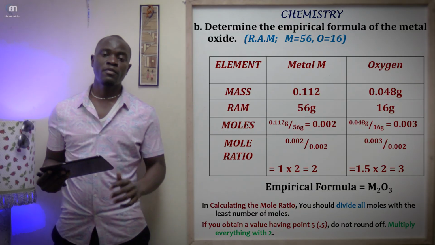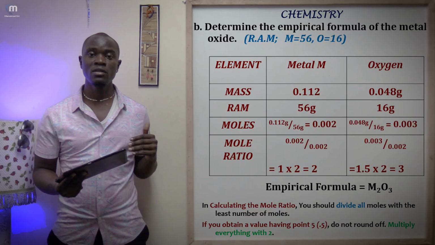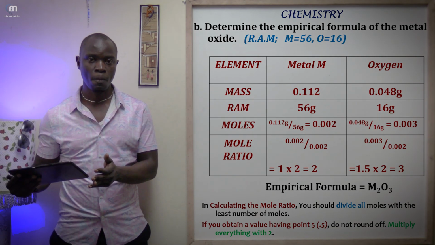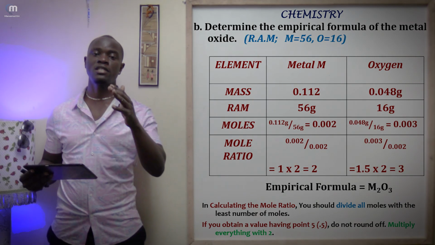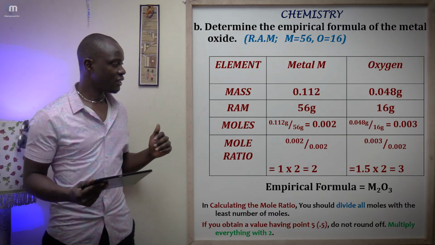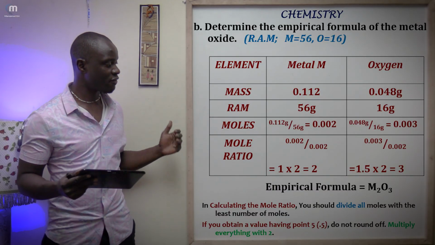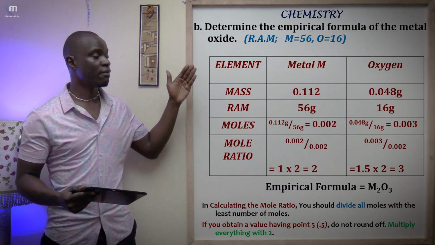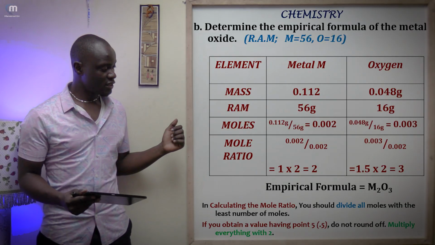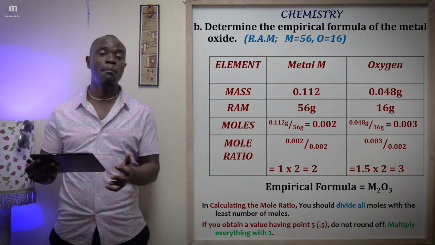The first step of calculating the mole ratio is to divide all the moles by the least moles possible. Again, I repeat, to get that ratio, we are going to divide these moles by the least amount of moles. In this case, we have the moles of metal M and the moles of oxygen. It is metal M which has the least number of moles.